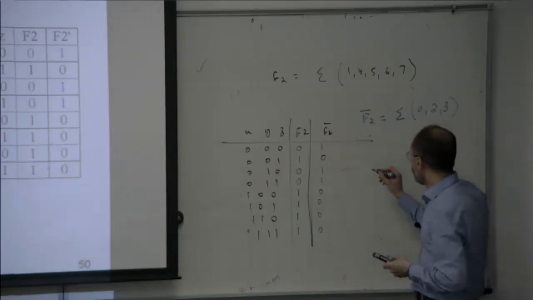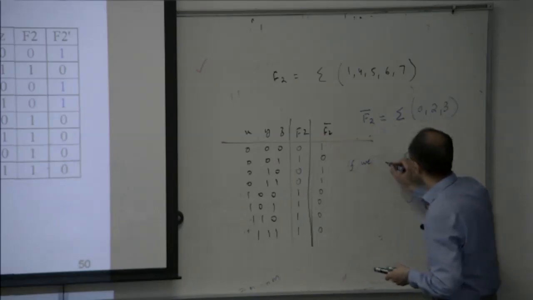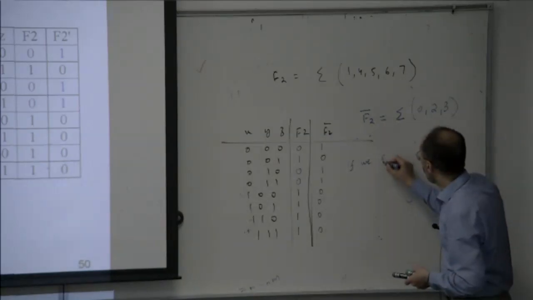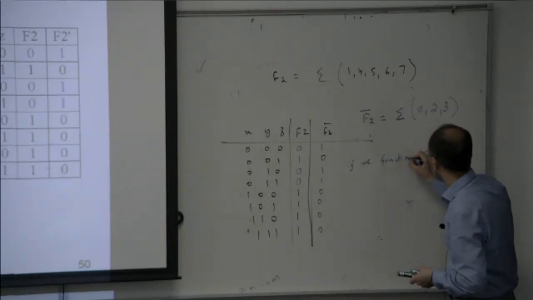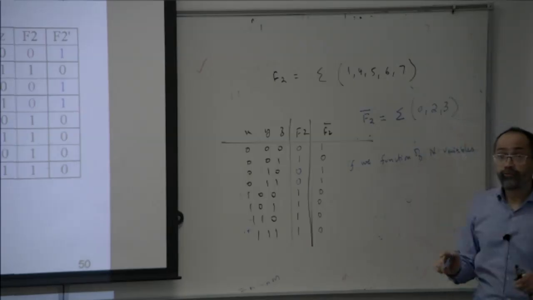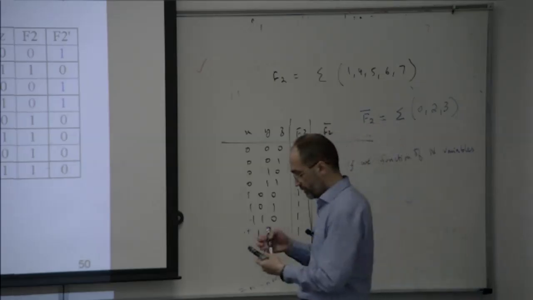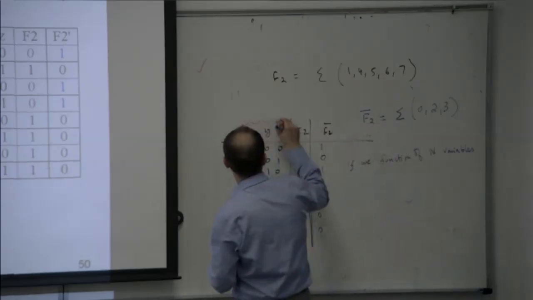Now if we have a function of n variables, what is n here? N is 3.